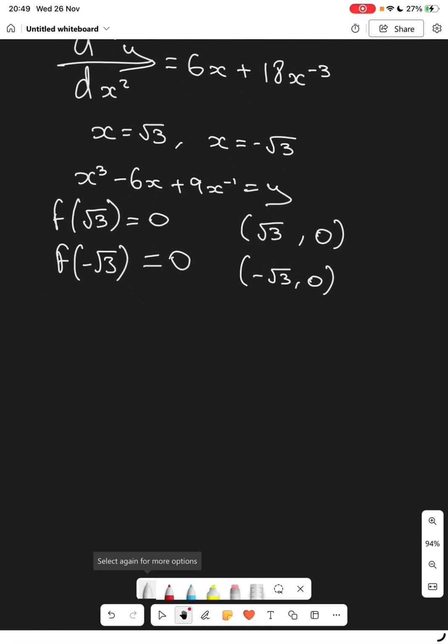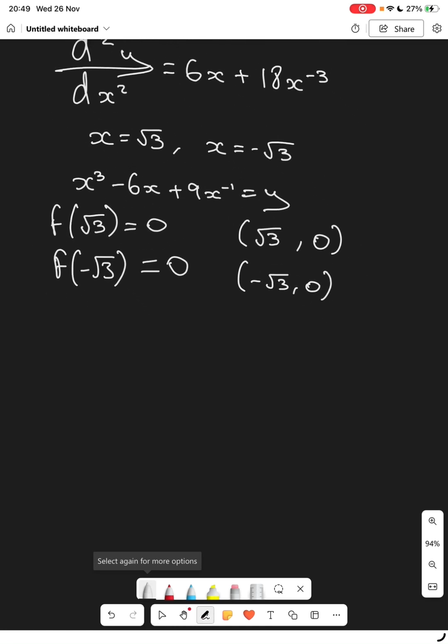So we got our other equation, this. This is the second derivative. So we can input it into this.